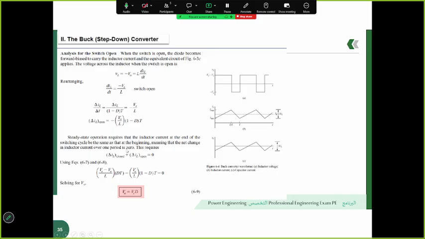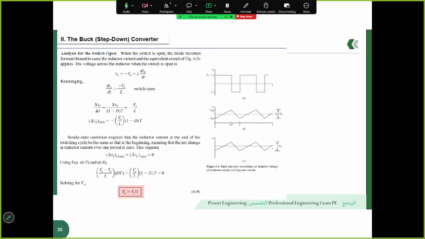Similarly to the buck converter, the analysis uses the principle of inductor volt-second balance. This principle states that for a converter operating in a steady state, the average voltage across the inductor over one complete switching cycle is zero. This means the voltage-time product when the switch is closed must equal the voltage-time product when the switch is open.